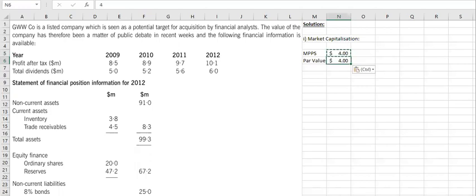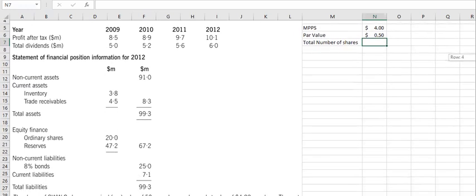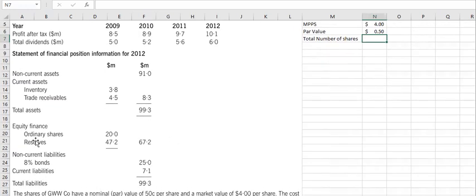And then let's find out the total number of shares. And for this, we need to go to the balance sheet and see what's the total share capital value of the company stated in the balance sheet. Here we go. Ordinary shares, $20 million.